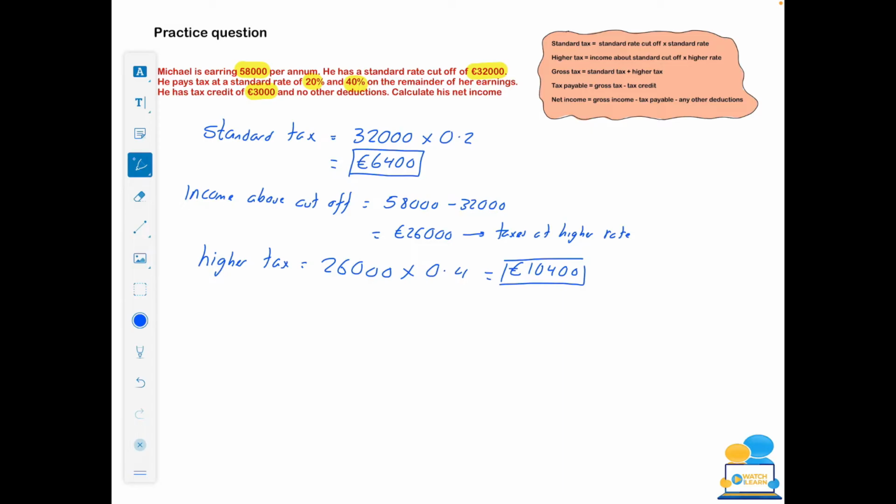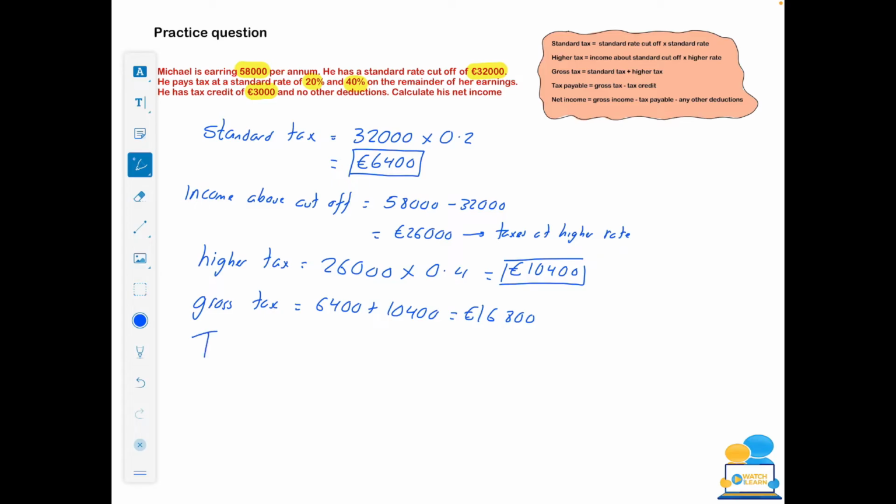Okay, now to find his gross tax then, we're on formula 3 here now. We're going to do gross tax is standard tax, which we found to be 6,400, plus his higher tax, which is 10,400. Okay, so his gross tax is 16,800. So just using your calculations, Michael thinks he needs to pay 16,800.